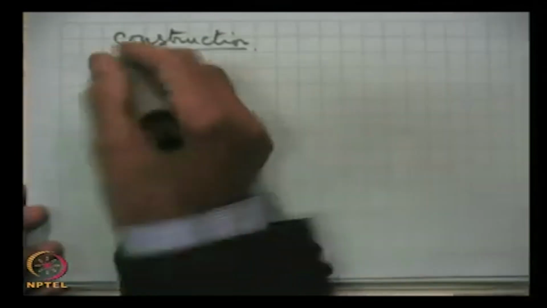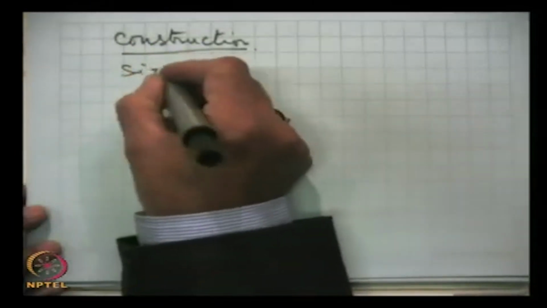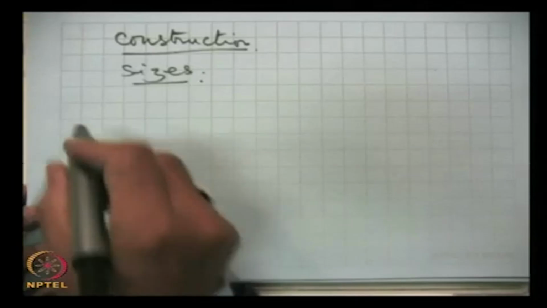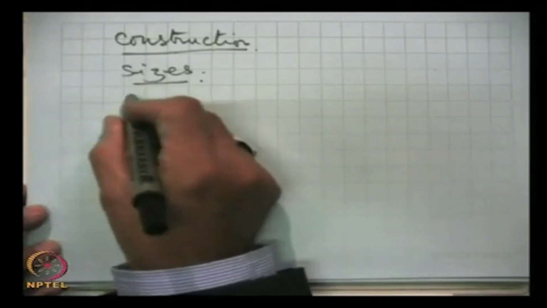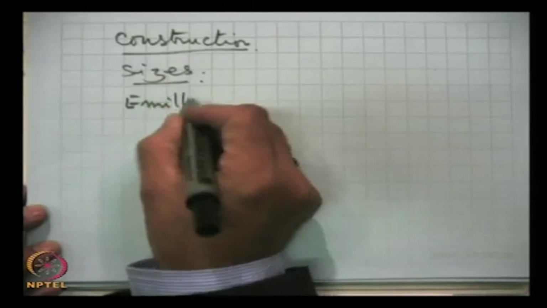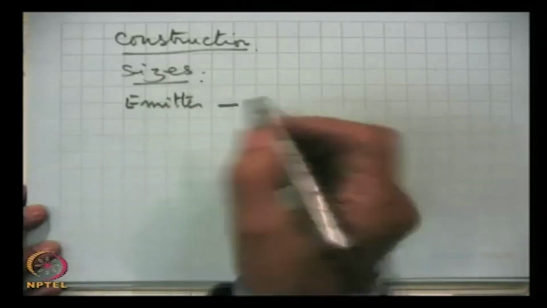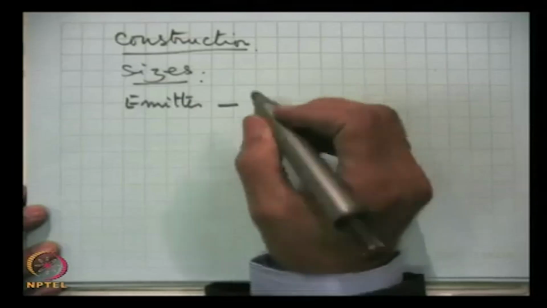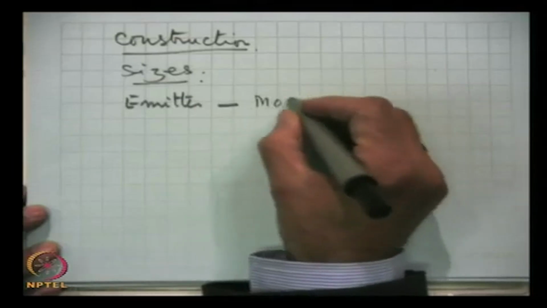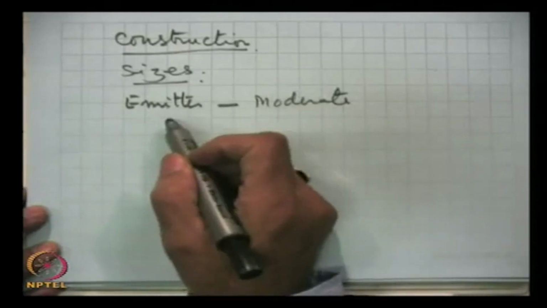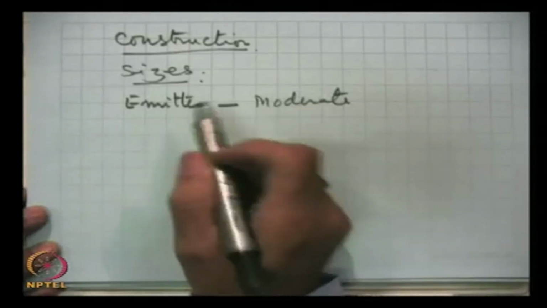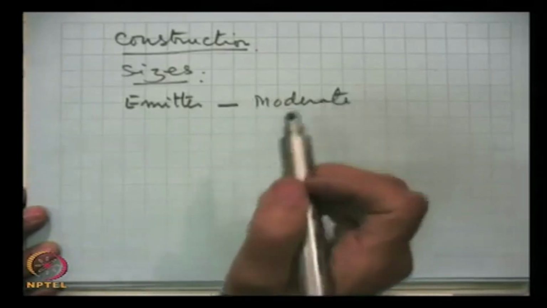Let us talk of sizes first. The emitter is of moderate size, that is, the emitter has dimensions between the dimensions of the collector and base.